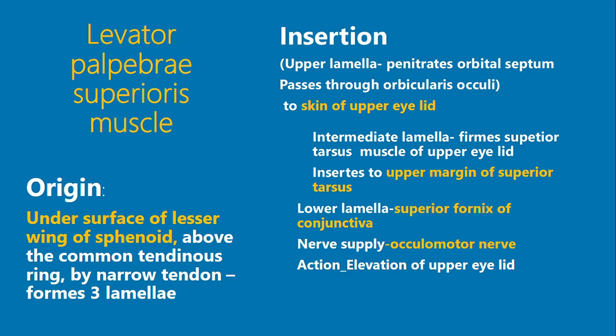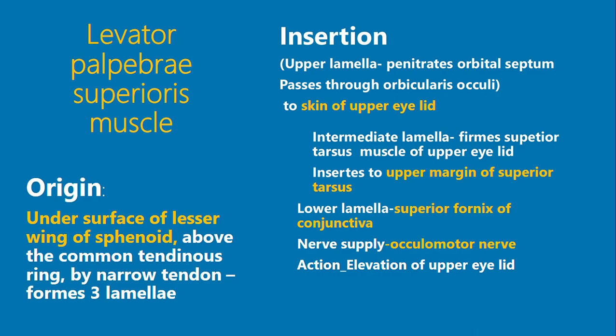That conjunctiva bends at upper and lower angles to form the superior fornix and the inferior fornix. So the superior angle is known as the superior fornix, the inferior angle as the inferior fornix. So the lower lamella of levator palpebrae superioris is inserting to the superior fornix of conjunctiva.